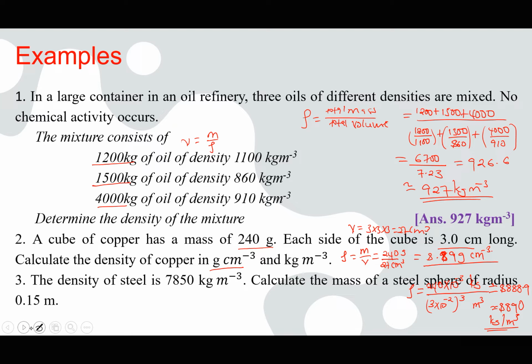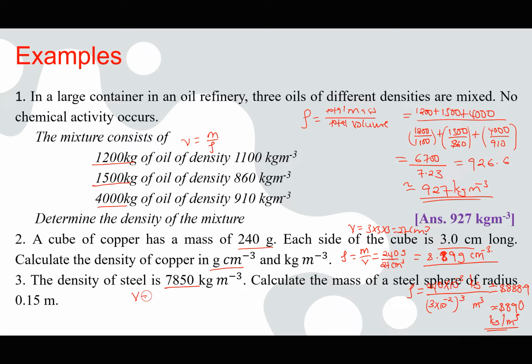The density of steel is 7,850 kilograms per meter cubed. Calculate the mass of a steel sphere of radius 0.15 meters. So we want the mass of a steel sphere. For a sphere, we must know the volume of a sphere.